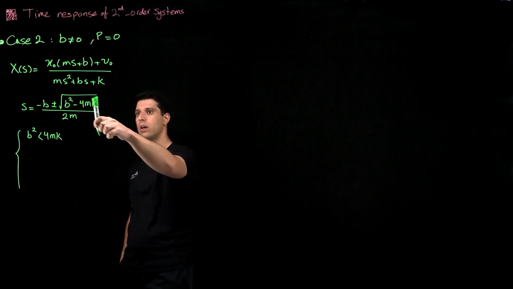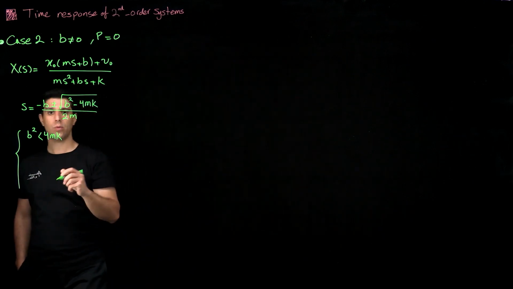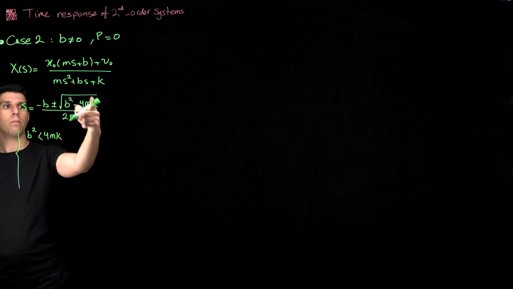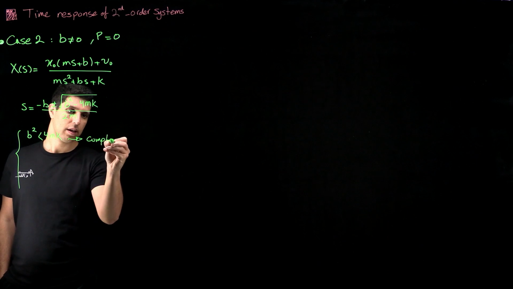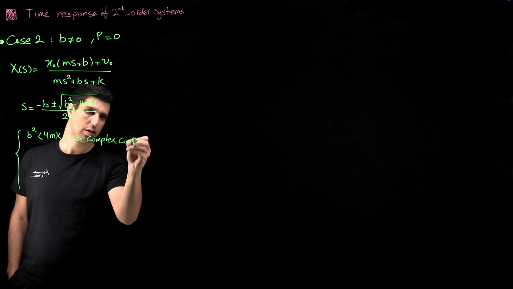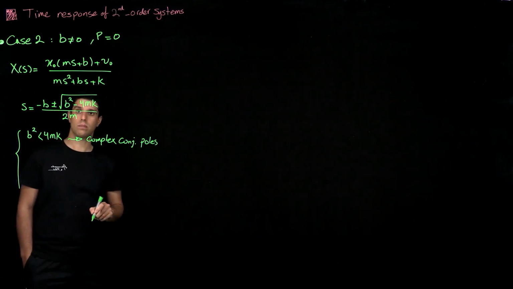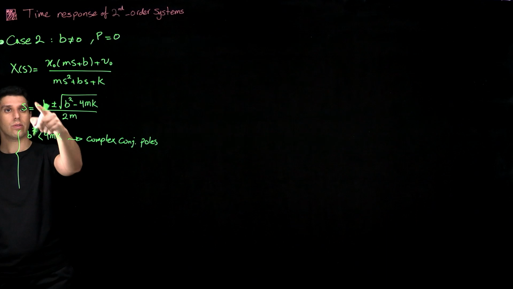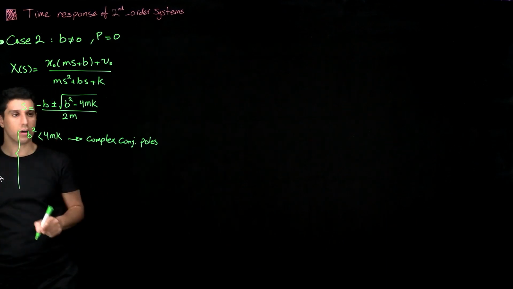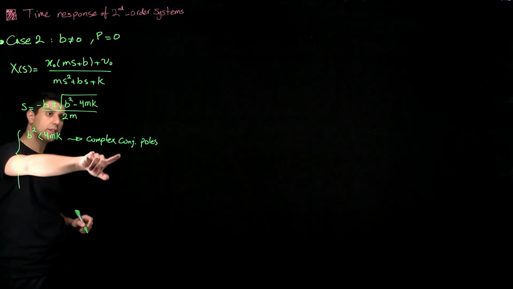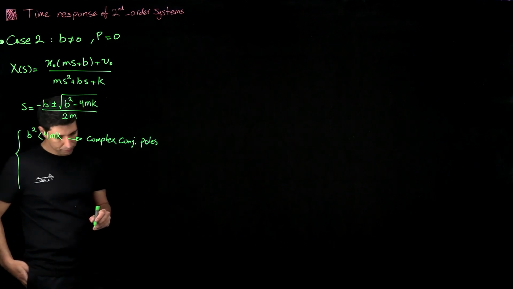So the whole square root becomes the square root of a negative number, and then we have some complex number. So in this case, I'll have complex conjugate poles with some real part to it. And the real part is negative, assuming that all these m and b are positive. I'll have a pair of complex conjugate poles with negative real parts.